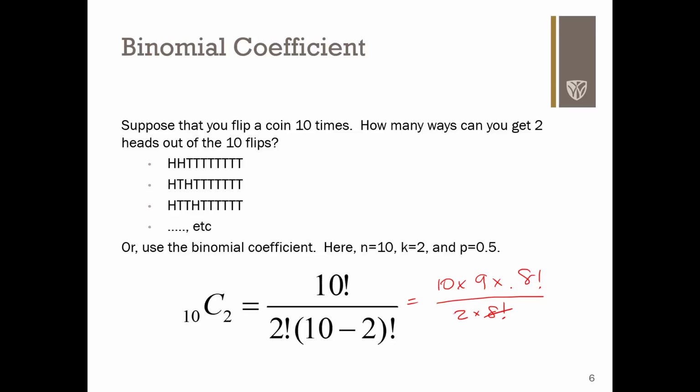And so we can just do a little simplification. So this is basically 90 divided by 2, which is 45. So there are 45 possible ways that you could get 2 heads out of 10 flips. And you can imagine with larger problems, this just gets more cumbersome. So the binomial coefficient is a very simple and easy way for us to count up the number of ways that we can achieve our goal with a binomial probability.